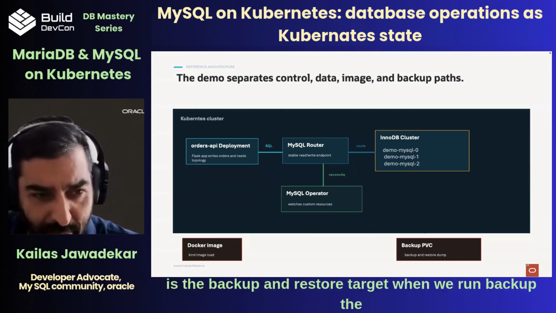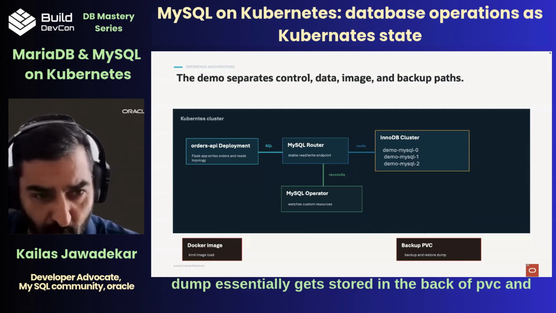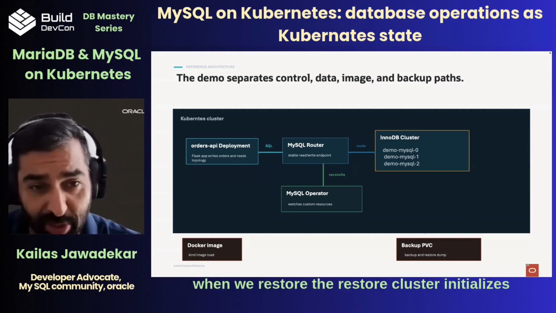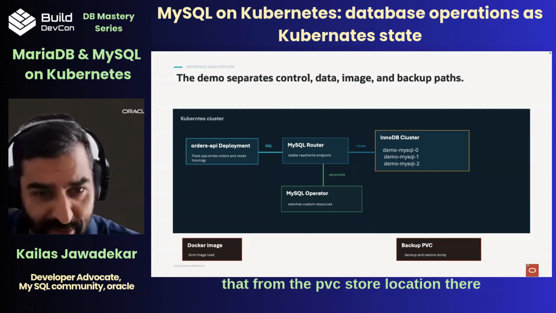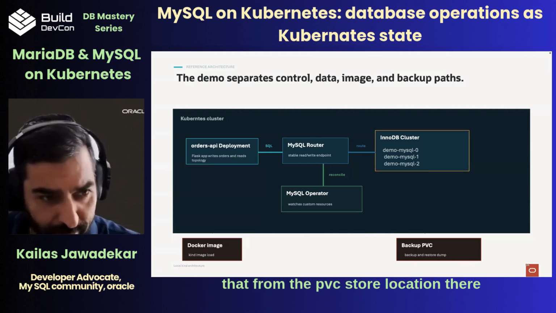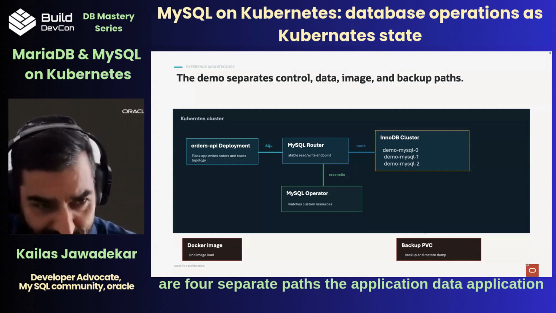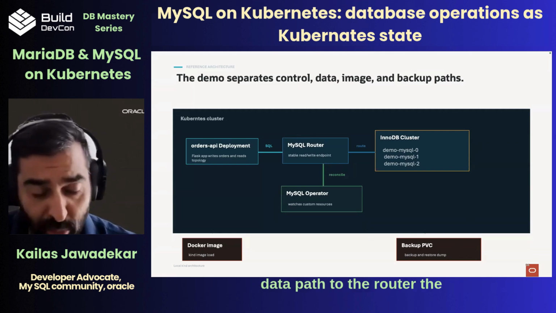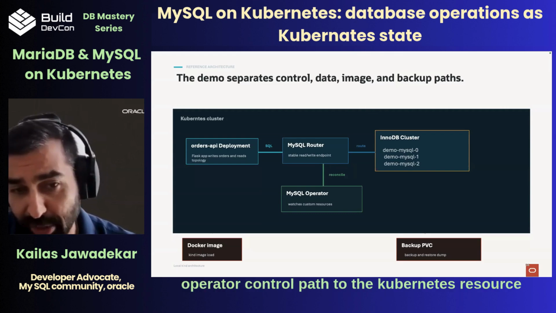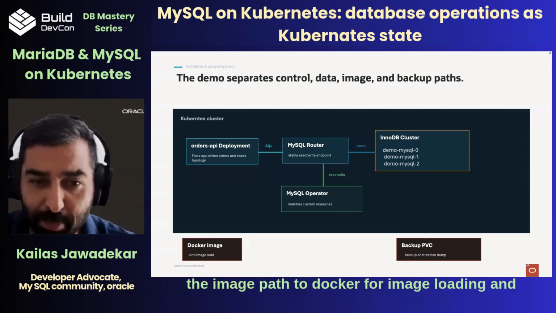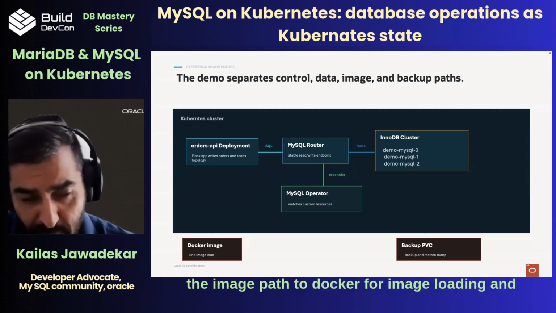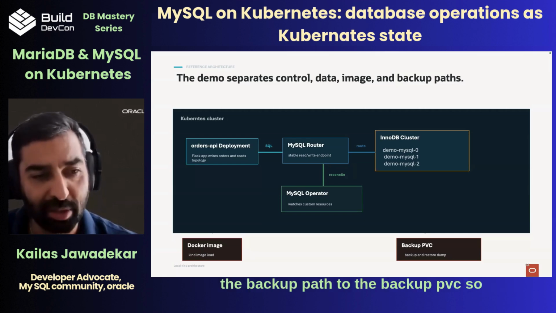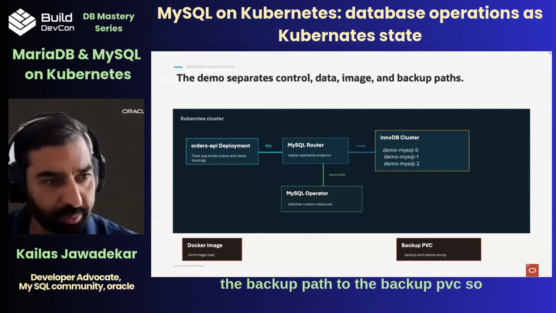When we run backup, the dump essentially gets stored in the backup PVC, and when we restore, the restore cluster initializes from the PVC store location. There are four separate paths: the application data path through the router, the operator control path through the Kubernetes resource, the image path through Docker for image loading, and the backup path through the backup PVC.